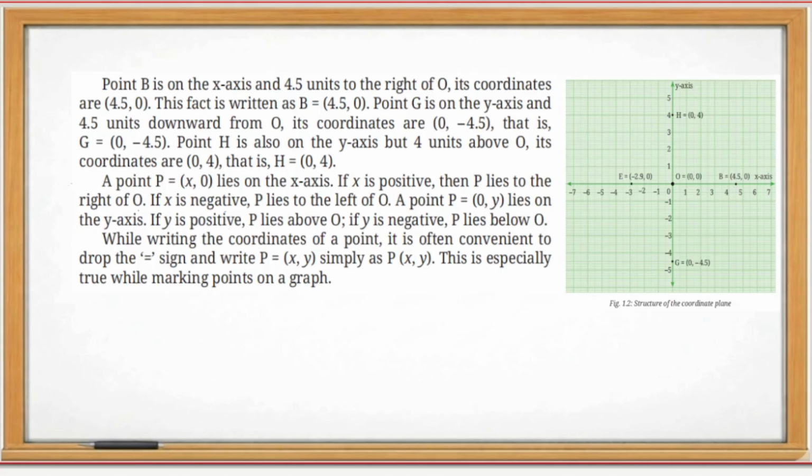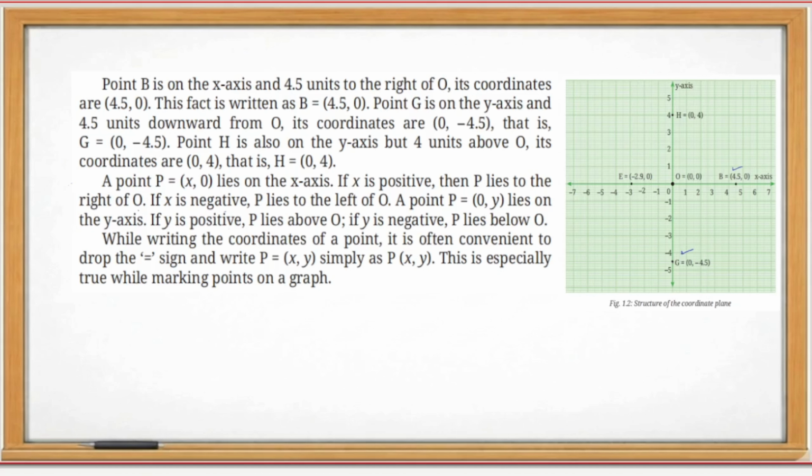See point B, you can see the coordinates 4.5, 0. This point lies on the x-axis, so y is 0. Now if you take point G, the coordinates are 0, minus 4.5. This point lies on the y-axis and it is downwards, that is negative 4.5, and here x will be 0.